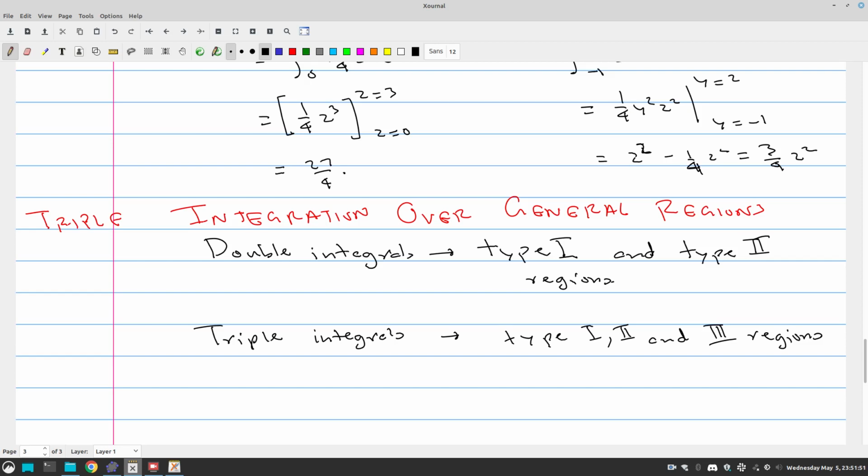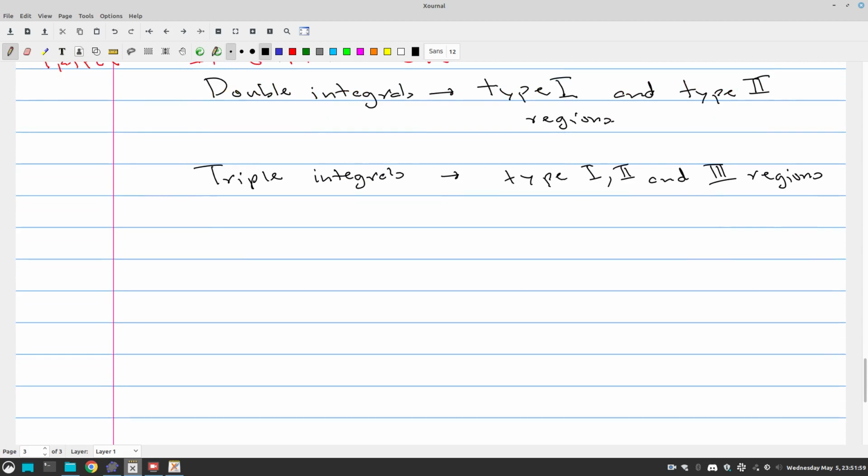So a type 1 region is a way of describing a region where you have z fall between two functions of x and y.